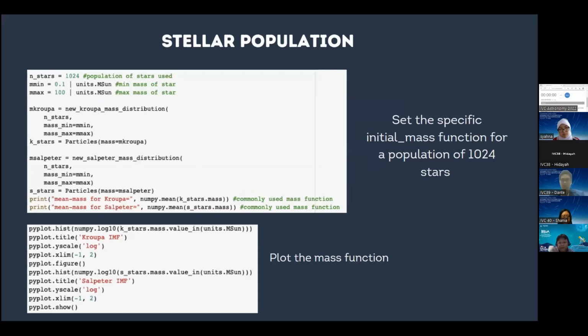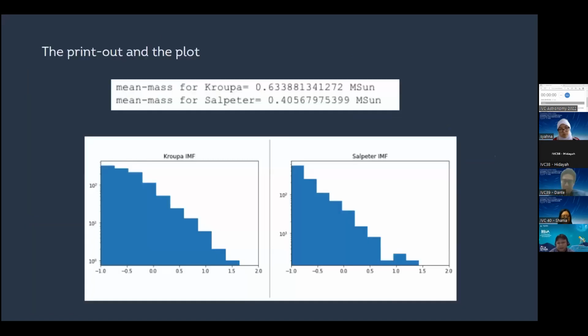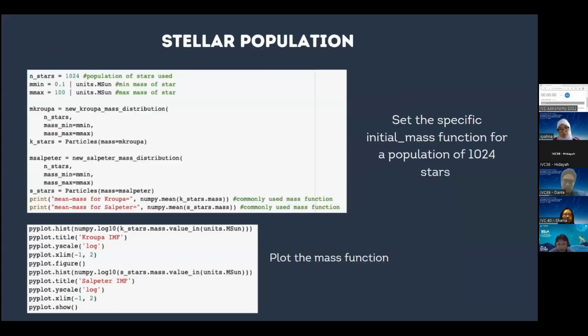So in Salpeter and Kroupa, the stars with lower mass are more abundant than the higher mass. So there are not so many stars with mass more than 10 or 20. There are, but very few.